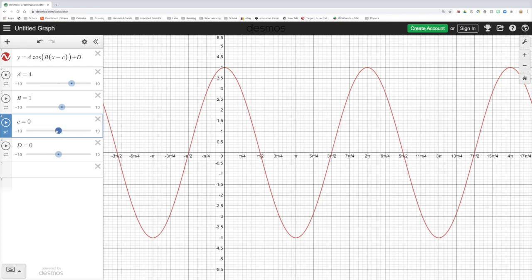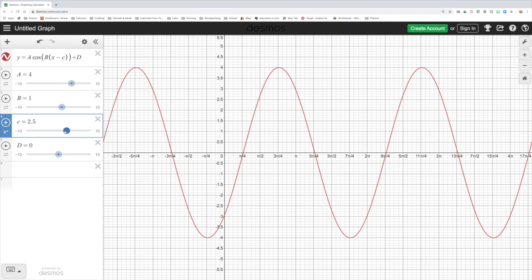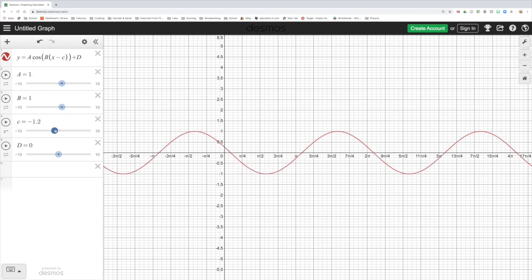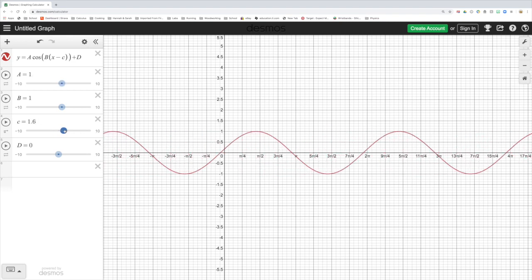There we go. Now I can slide this left and right. I'm going to make this go back to 1. A is 1. And so I can move this; this would move it to the right 2 units. It's hard to see 2 units because we're in radian mode down here on the x-axis.